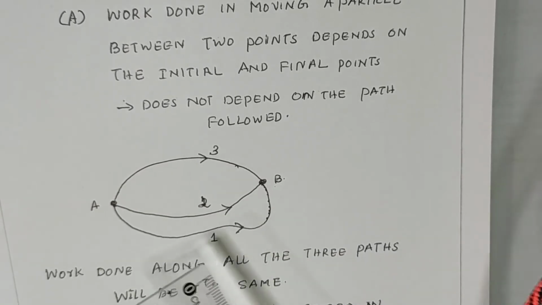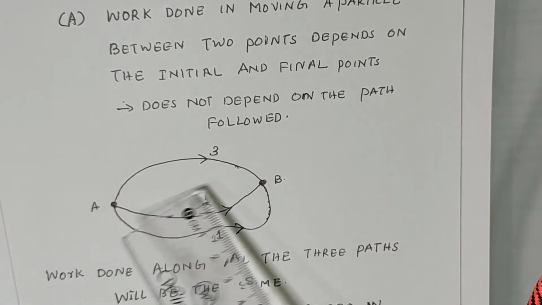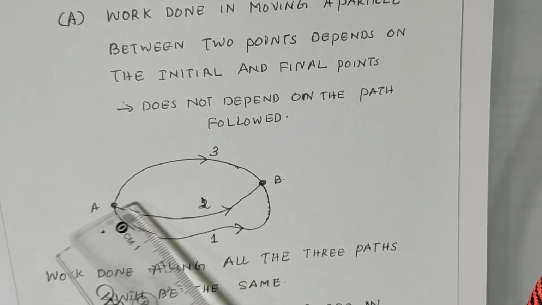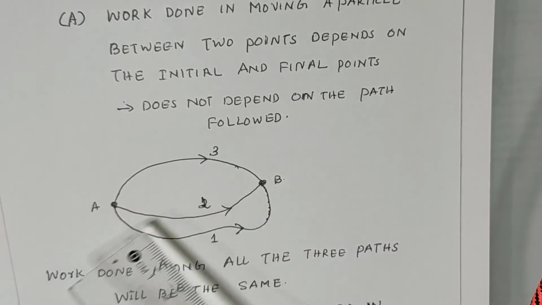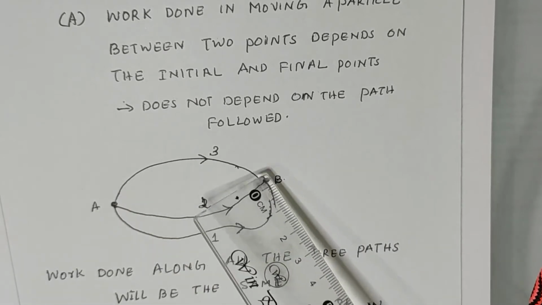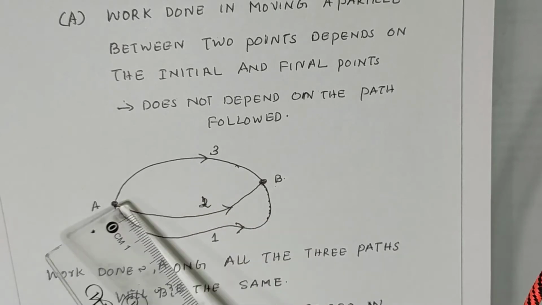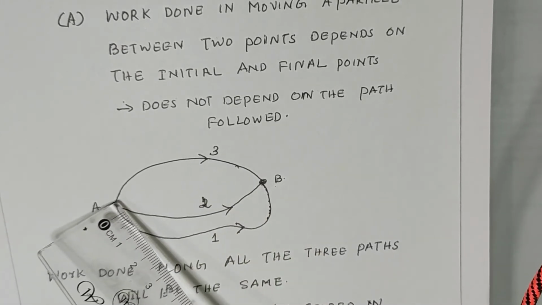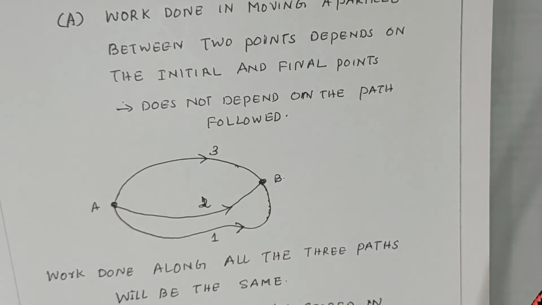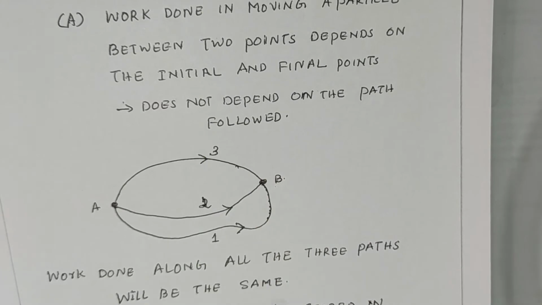If the amount of work done is dependent only on the displacement between A and B, that is the shortest distance between A and B or the distance between the initial and final point, then that force is conservative.